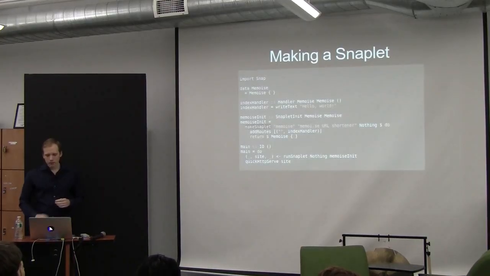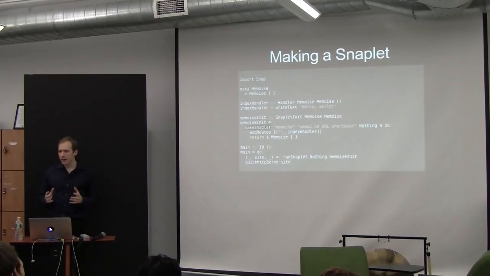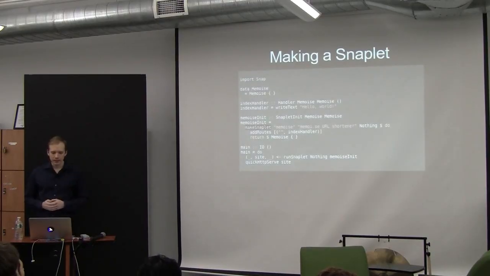All right. So in order to make any snaplet, we use this function called makeSnaplet. Not too surprising. What it takes is the name of the snaplet. It takes a description of the snaplet. And these two things are used to annotate log files. They're human readable. They don't get displayed to your end user.